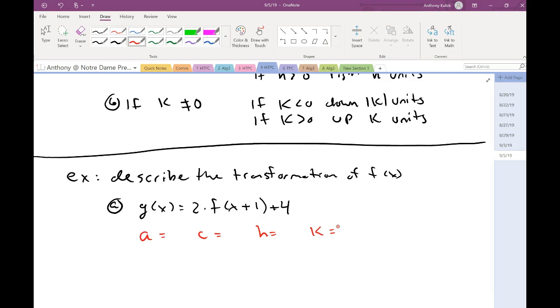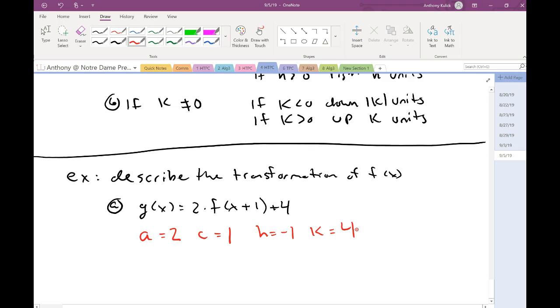What's the value for a here? 2. What's the value for c? One is correct. The value for h is -1. And the value for k is 4.